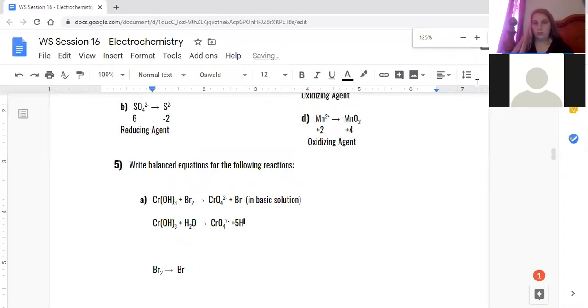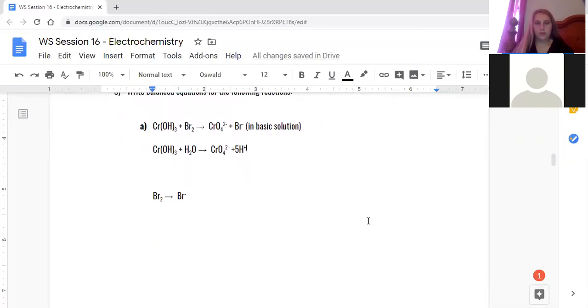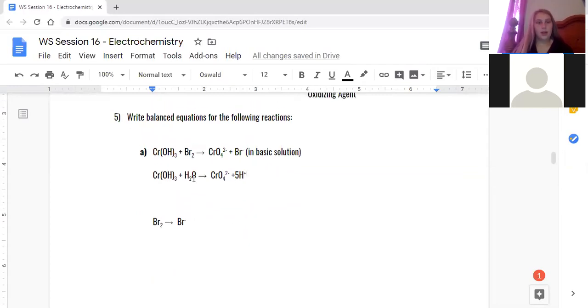Hydrogen is going to have a positive charge there. So since we have this hydrogen here, we have 5 positives and 2 negatives, so we're going to have an overall charge of +3 on the right, and everything is 0 on the left.